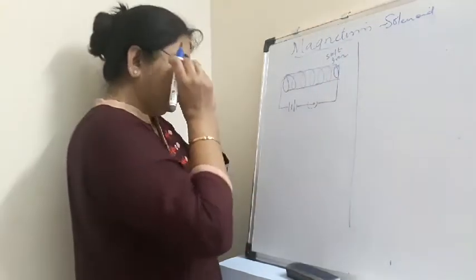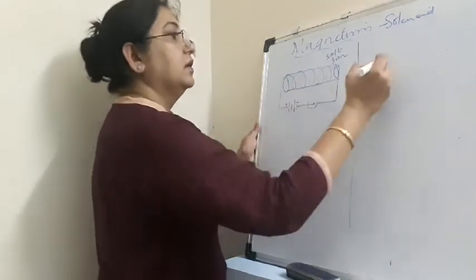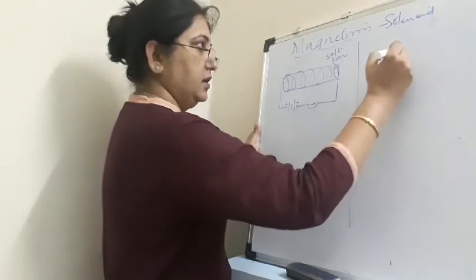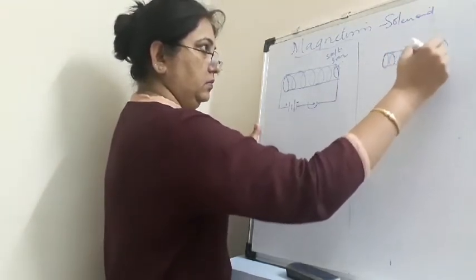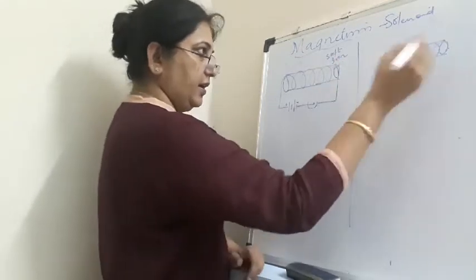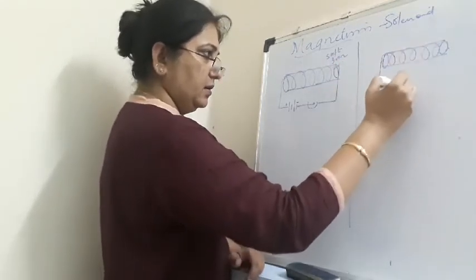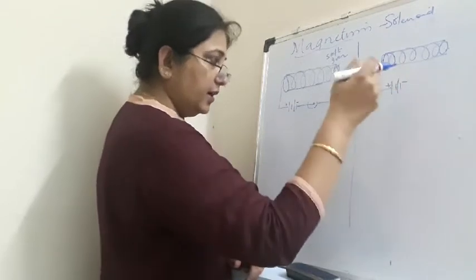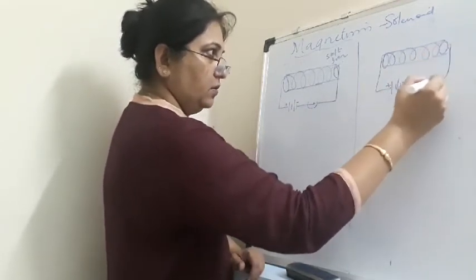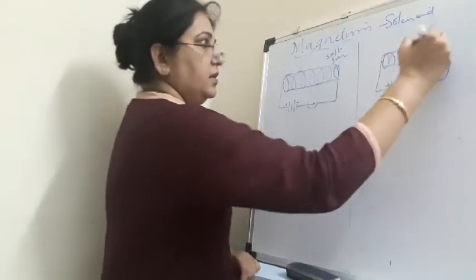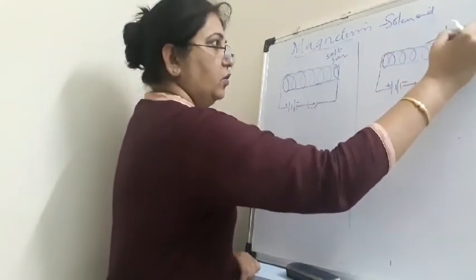Then current flows, and in this case also we insert the hard iron core inside the solenoid. So this is how. Okay, this is the hard iron core.